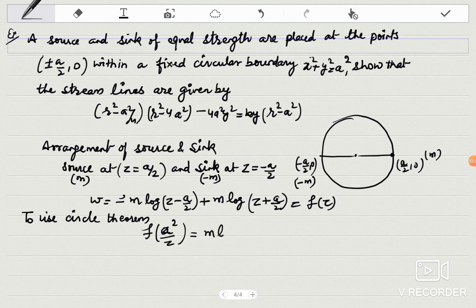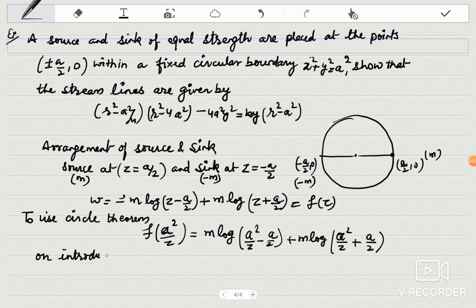It is m log a square upon z minus a by 2 plus m log a square upon z plus a by 2. So when the circular boundary is inserted, what will be your W?